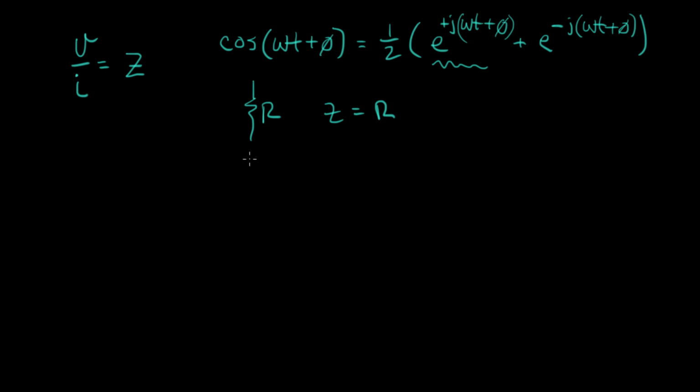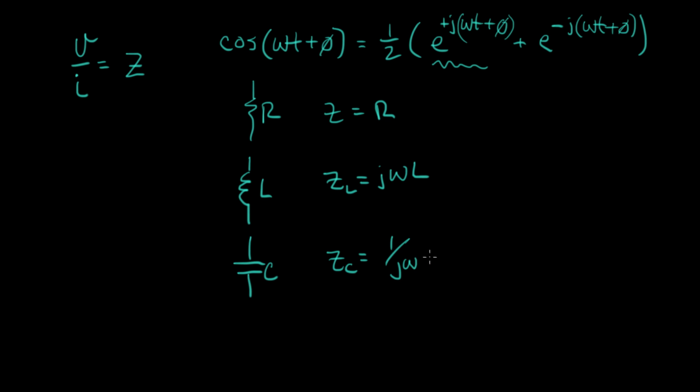For an inductor, we decided Z of an inductor was equal to j omega L. And finally, for a capacitor of value C, ZC equals 1 over j omega C.